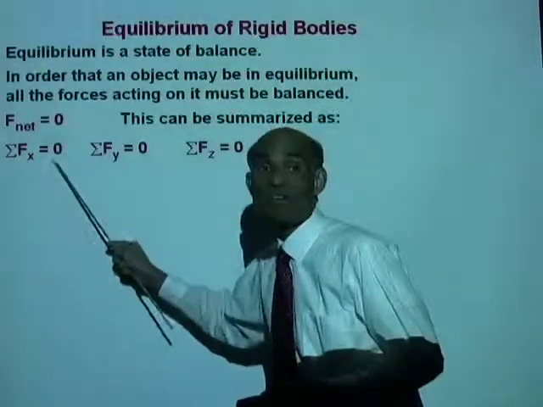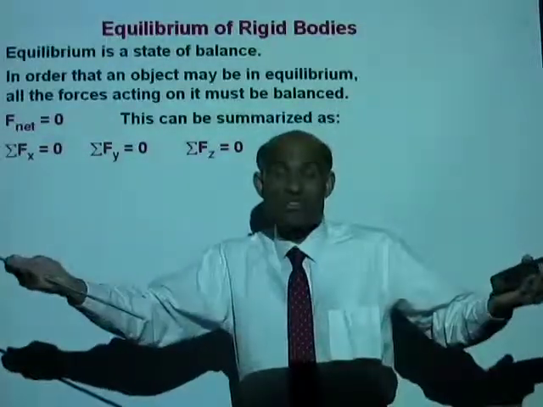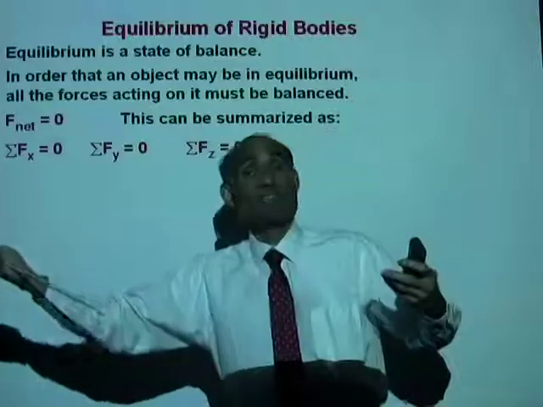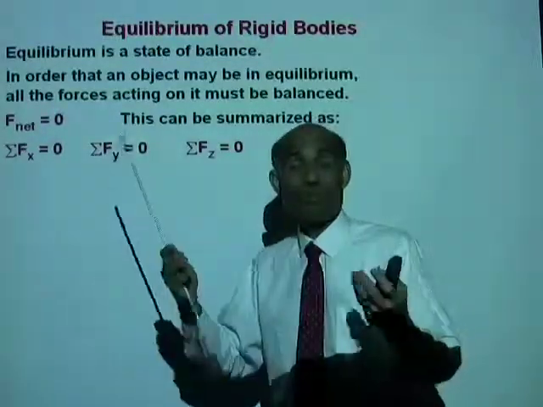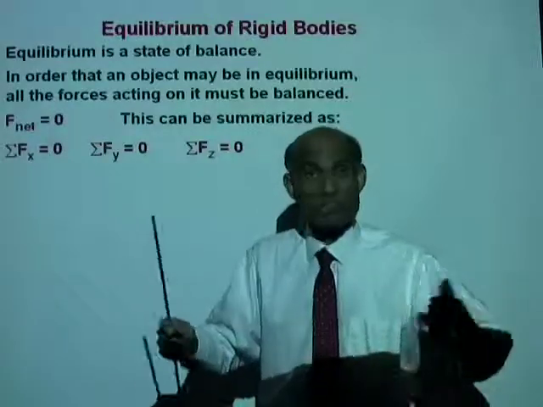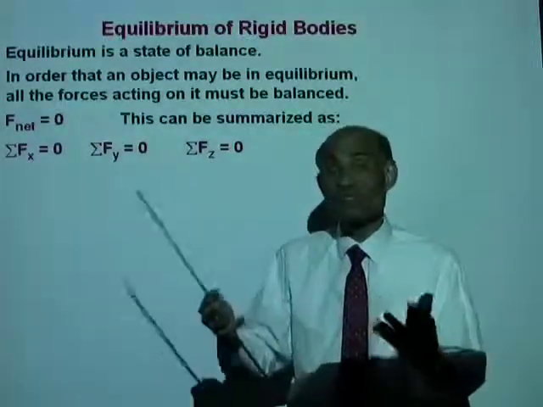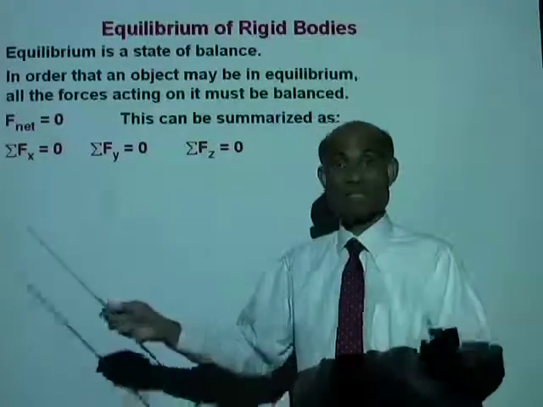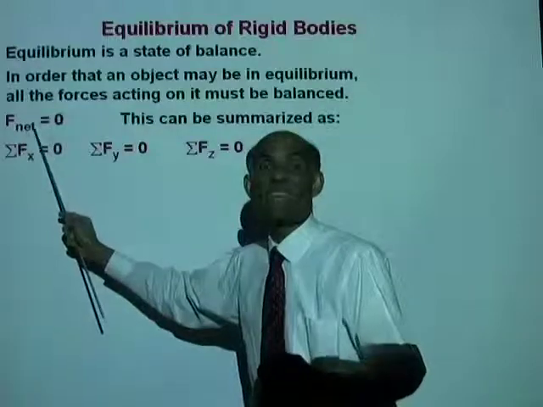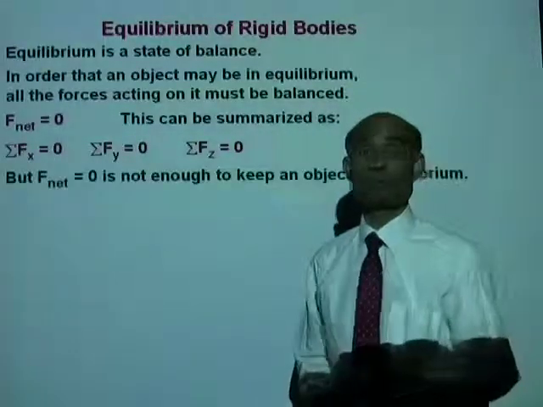Summation Fx equal to 0 means if you add all the forces in the x direction, that sum must be 0. If you add all the forces in the y direction, that sum must be 0. And if you add all the forces in the z direction, that sum must be 0. That is the meaning of the net force acting on the object must be 0.